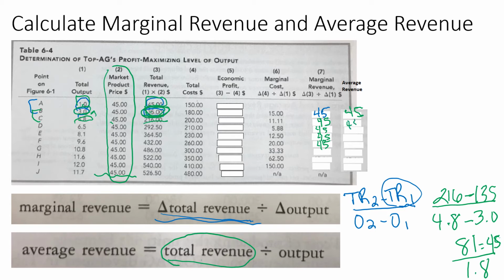That's also going to be 45. 216 divided by 4.8 is going to be 45, all the way down to 526.50 divided by 11.7, which is also going to be 45. So all of these across the board are going to be 45. Again, that's because the product price is not changing with the amount that this single firm is producing. And that's because we're in a perfectly competitive market, but we'll see in future chapters different examples, and we'll see some of those values change.